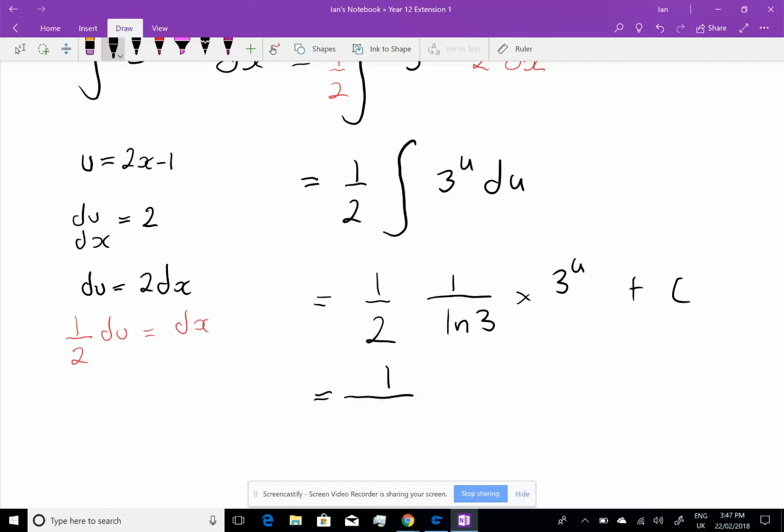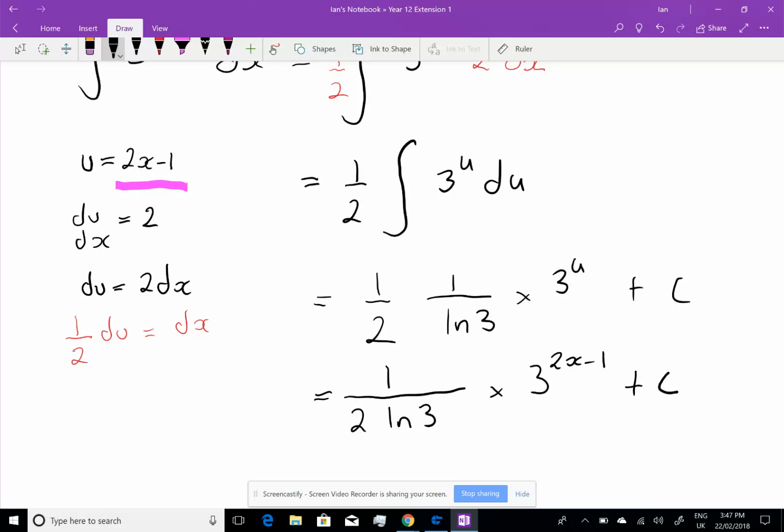So 1 on 2 ln 3 times 3 to the power, and I'm going to put my substitution back, 2x minus 1, plus my c. And I think that's the answer.